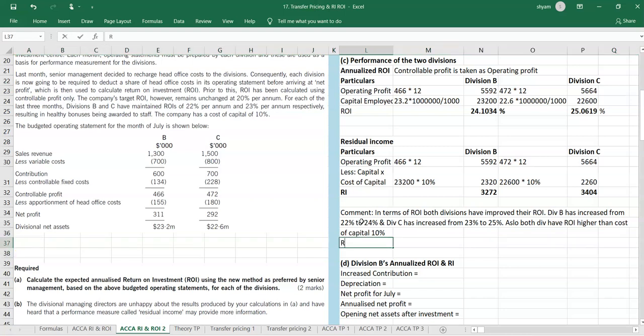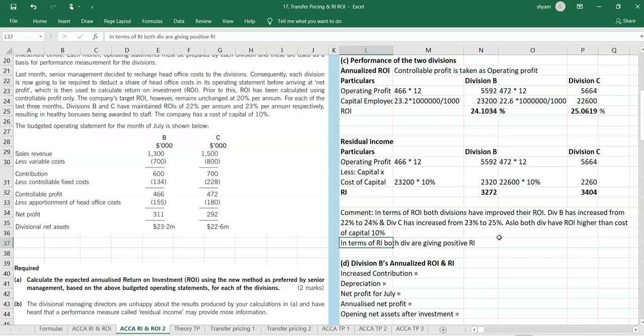And in terms of RI, see, they are giving a huge amount of money, so that seems to be really a good thing. In terms of RI, both divisions are giving positive RI.